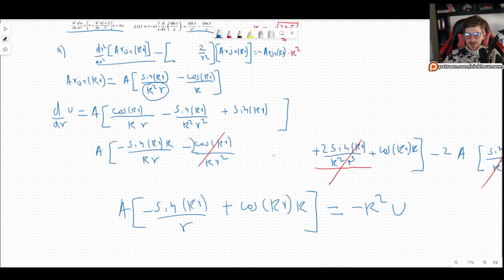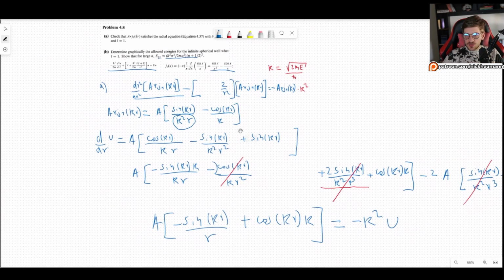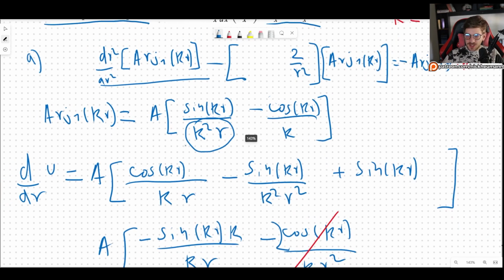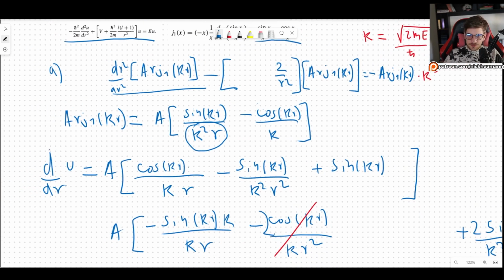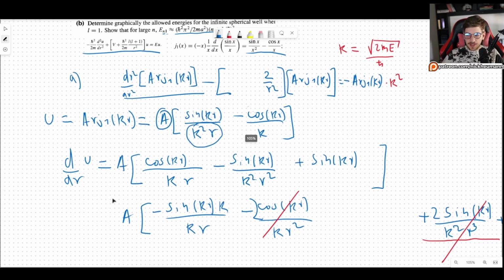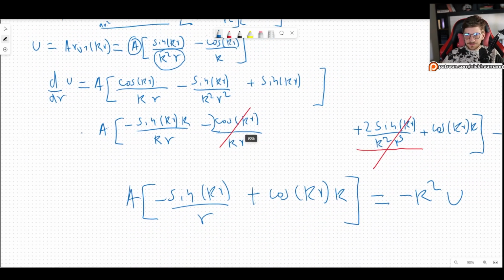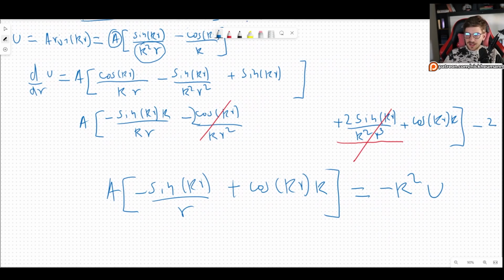So notice here that what we want to go back to is this expression right there, right? This is our u. U is equal to a r j1 of kr. And that is a times sine kr over k squared r minus cosine kr over k. So if we take a look at this, first we can see that there's a minus sign.